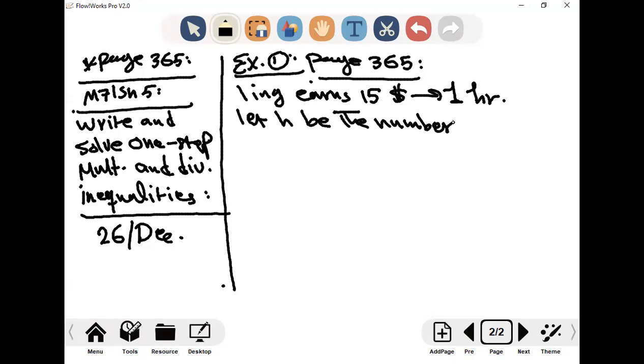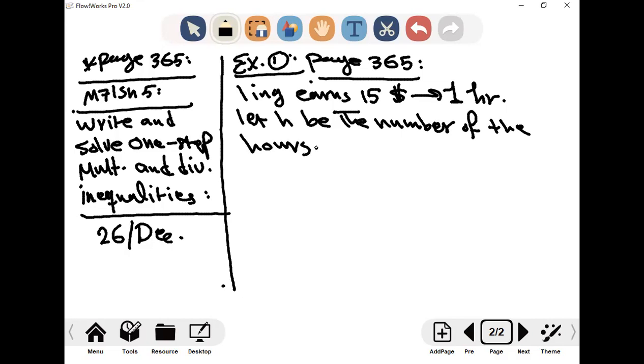This is very important, to determine your variable. Your variable represents what? Got it? Let H be the number of the hours, okay?